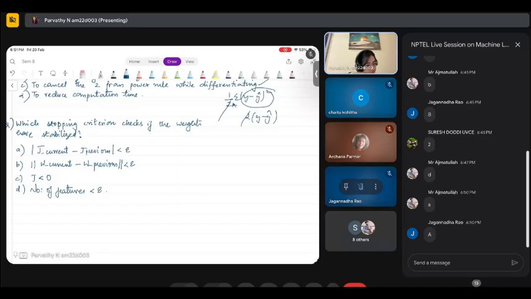Yeah, both of them, right? W current minus W previous: if the weights have also stabilized, then that also is a stopping criterion.